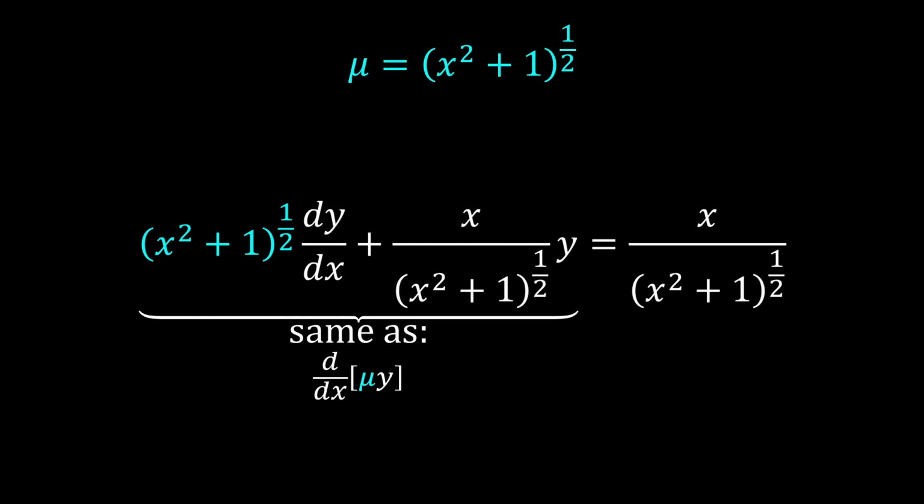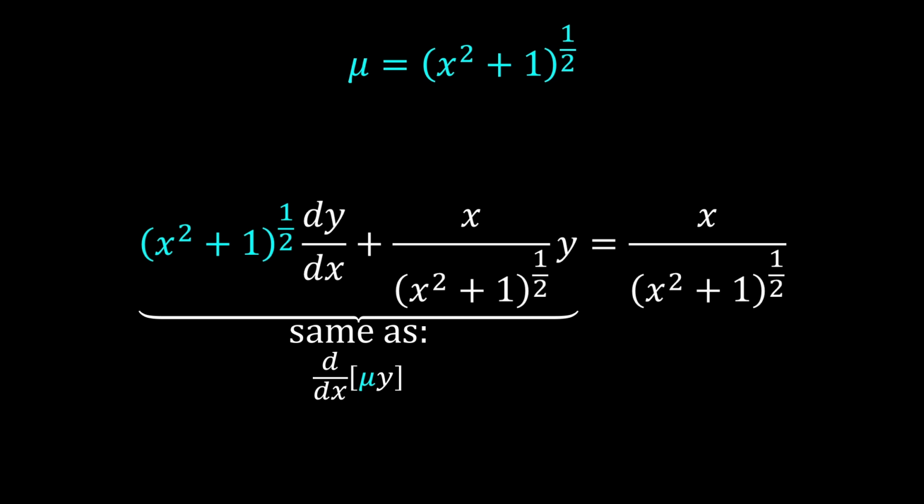This will always happen if you evaluated your integrating factor correctly. If your equation was originally in standard form, you extracted the p of x, and you evaluated the integrating factor correctly, the left-hand side will always come out to d dx of mu times y.